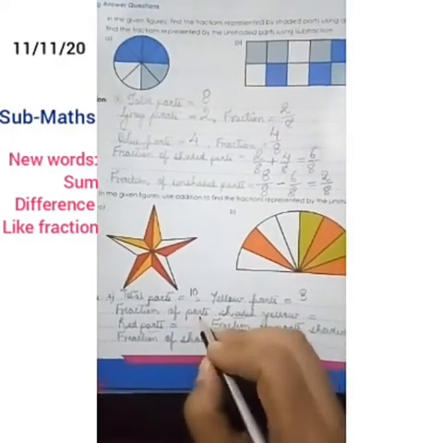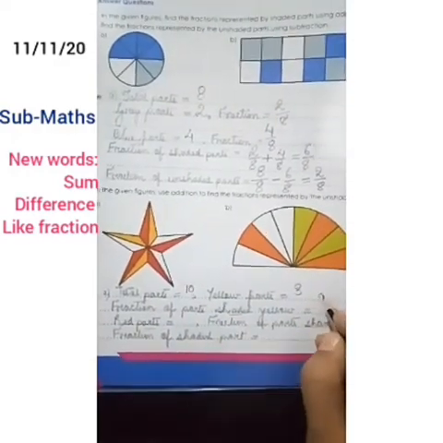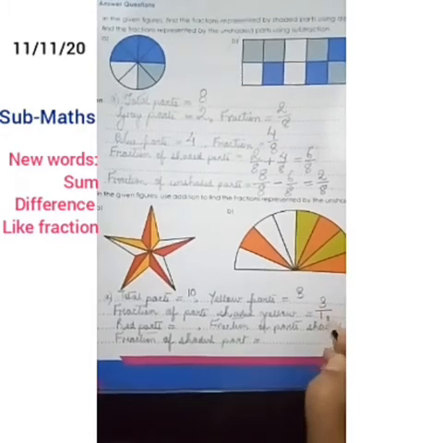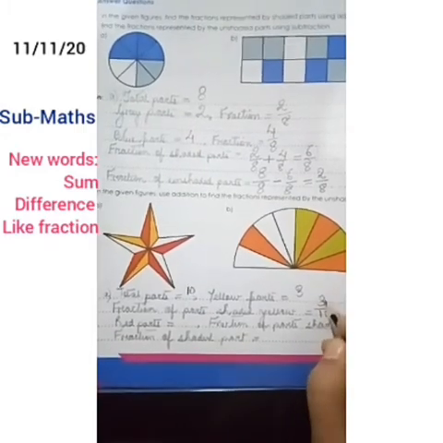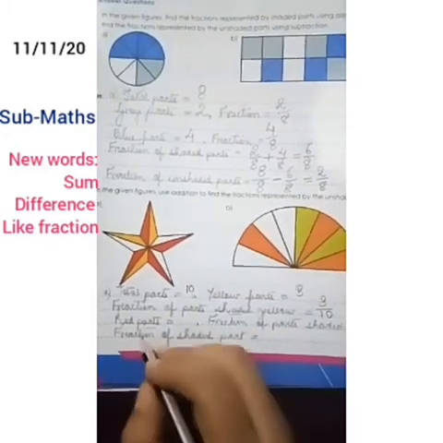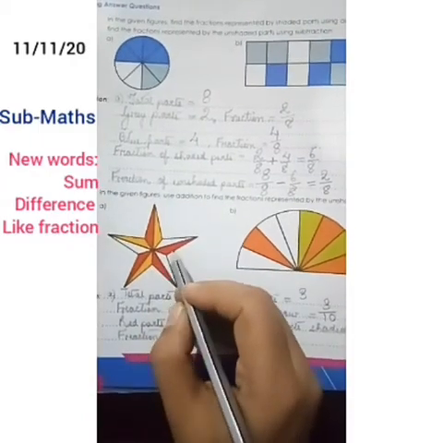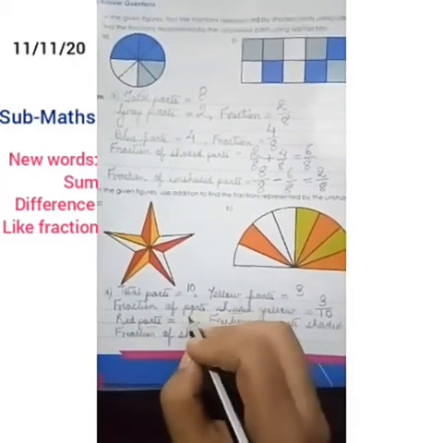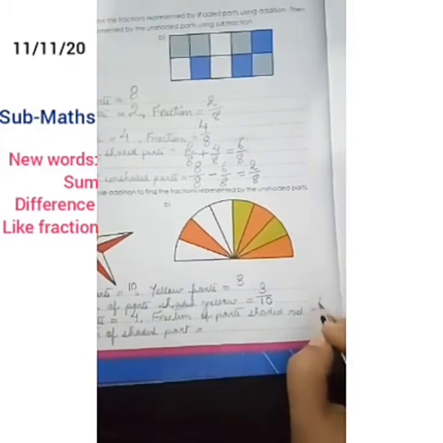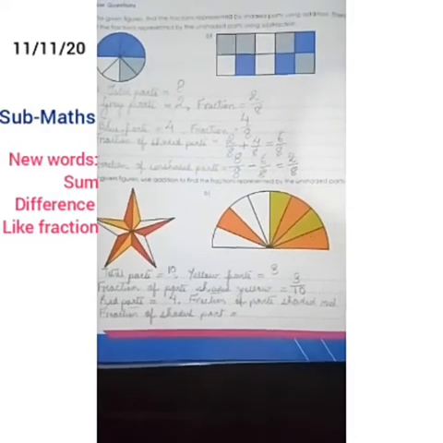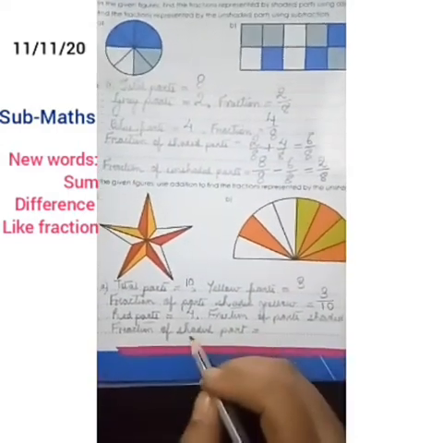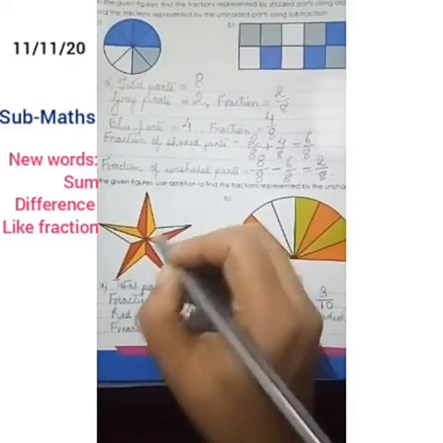So the fraction of the parts shaded yellow will be 3 by 10, because out of 10, 3 parts are shaded yellow. Red part how many? 1, 2, 3, 4. So the fraction of the parts shaded red will be 4 by 10, because out of 10, 4 parts are shaded red.